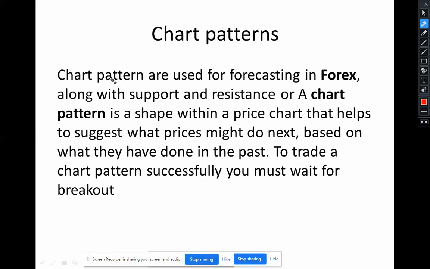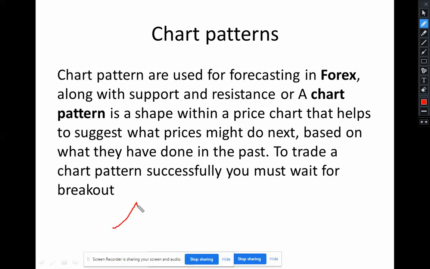Alongside support and resistance, a chart pattern is a shape within a price chart that helps to suggest what prices might do next based on what they have done in the past.